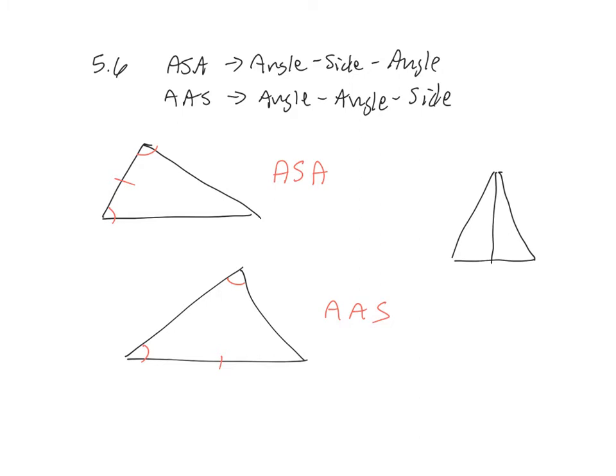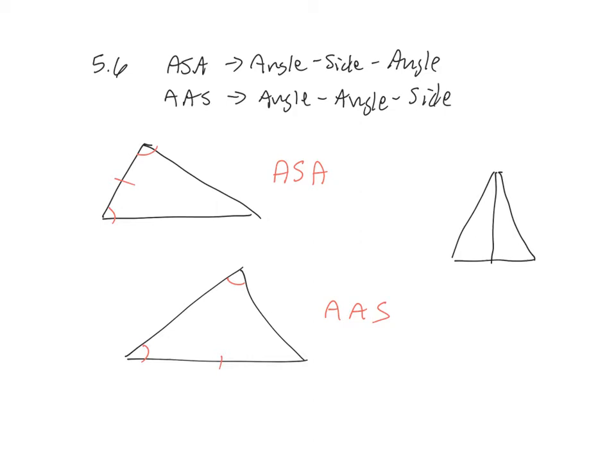I can create a proof that uses any of the 5 reasons that you can prove a triangle congruent, just depending on what information is given to you at the beginning. So I could do a side angle side, a side side side, a hypotenuse leg, an angle side angle, or an angle angle side with this picture.